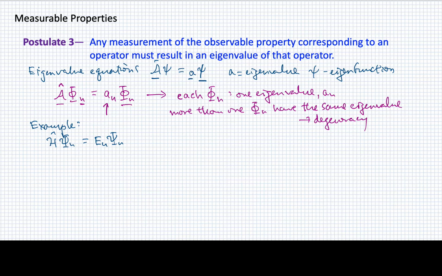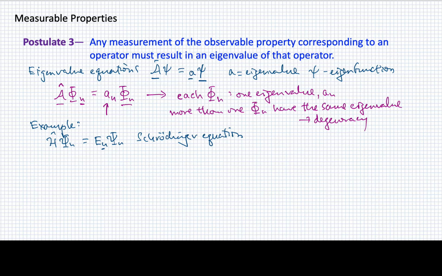Most systems have more than one possible energy value. So this is just the example of the Schrödinger equation. For example, the particle in a box had particular energy levels that were labeled by this subscript n.